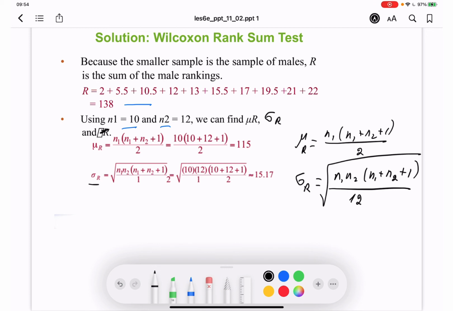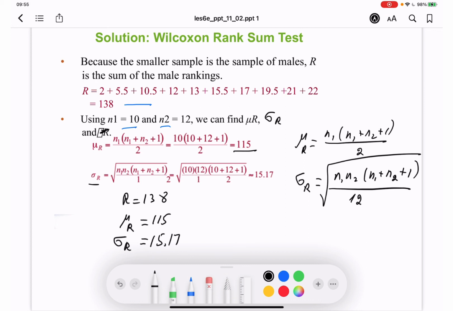There we go. So R we calculated is 138. Mu R we calculated 115. And sigma R we have 15.17.